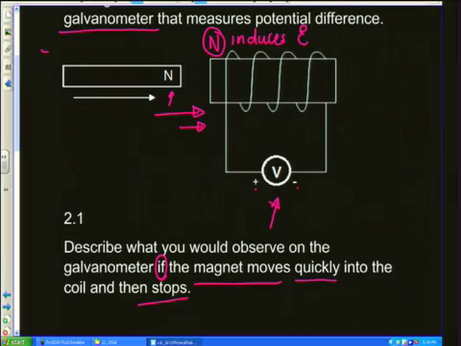And if that is the north pole, the induced EMF will be such that the current will start by going in that direction, because it has to come out through this other end to give you your positive conventional current, the movement of positive charge.